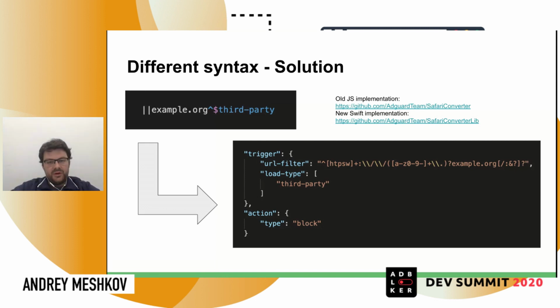So this way we can convert about 90% of all rules of EasyList and Adblock filters. Well, filter list maintainers sometimes have to do some additional work to handle Safari issues because of the missing 10%, but still we're pretty happy with the result.